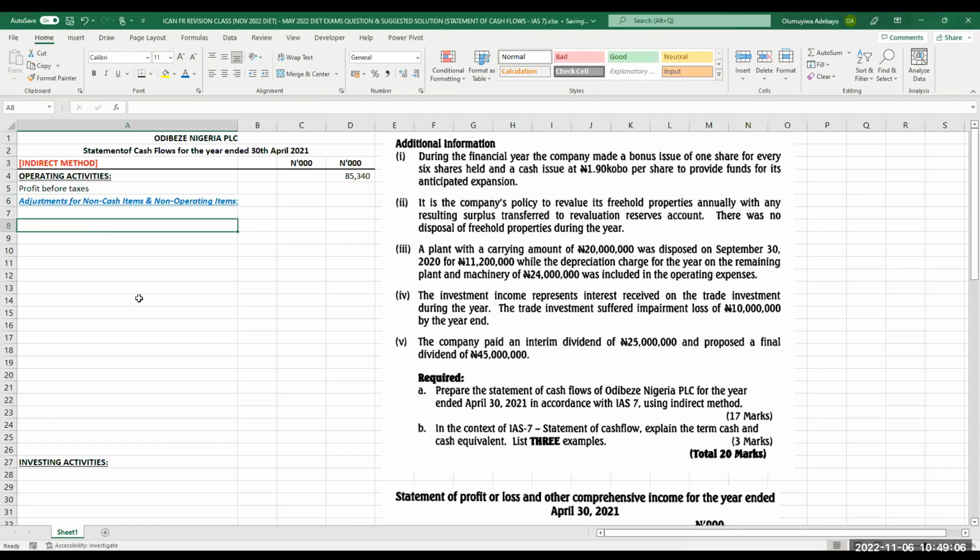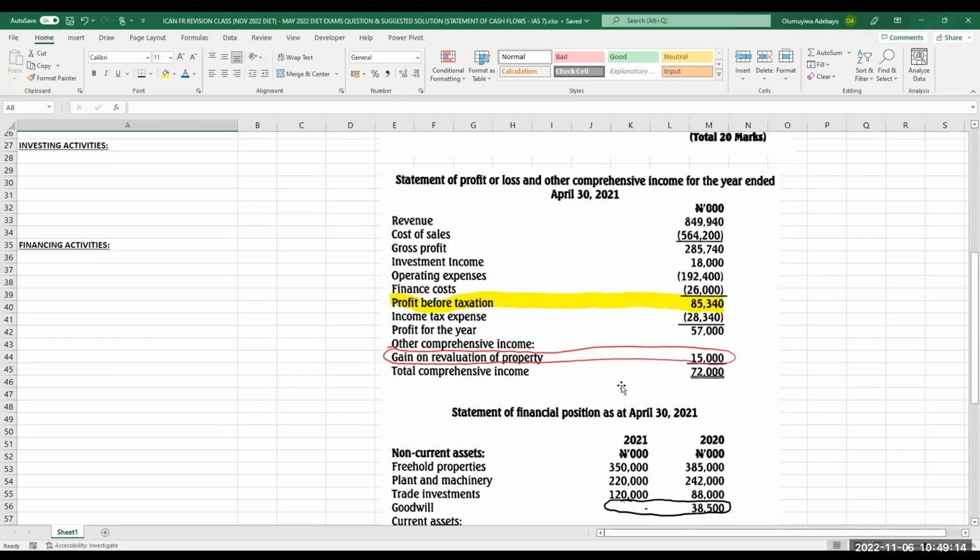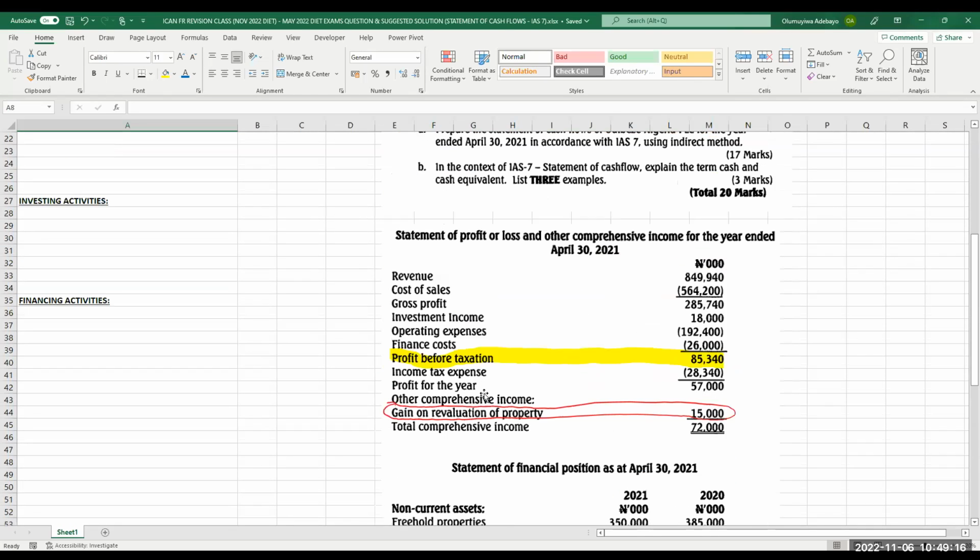And what are these items? We'll pick them one by one. Now let's start with information about depreciation.